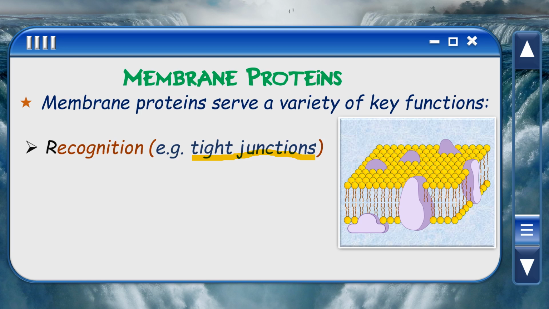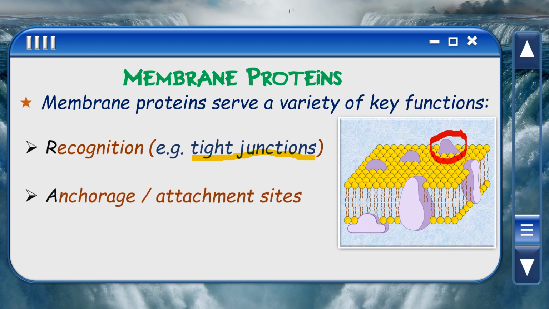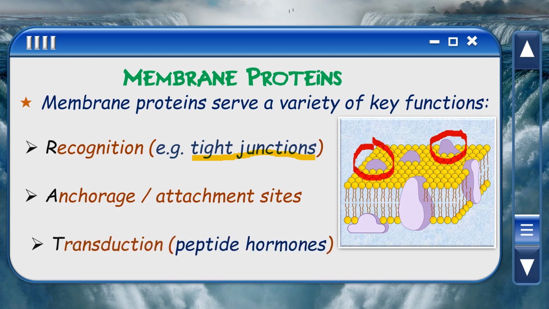They can be used as recognition sites, recognizing other materials. Five, they are anchorage or attachment sites. Molecules that are moving will attach themselves to the proteins in the membrane. Six, they are for transduction, for example peptide hormones.